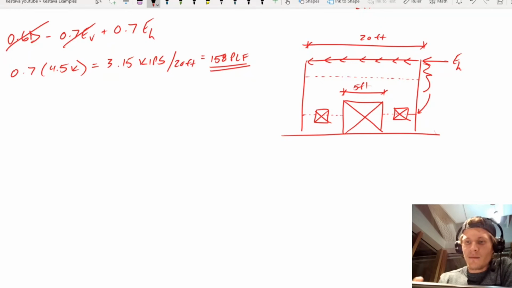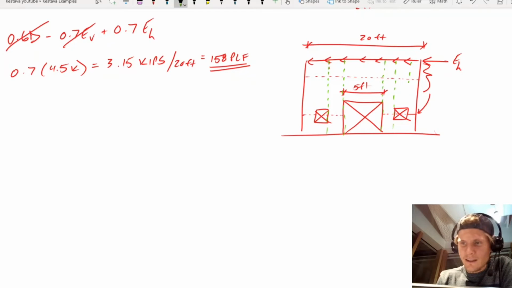So you start to get into, let's draw it in green because it's getting too crazy. Is that actually a little shear wall? And is that actually a little shear wall? Same with this one out here, and this one out here.